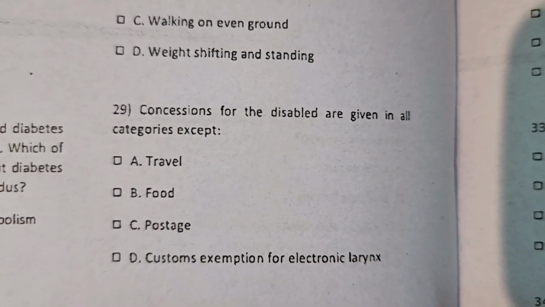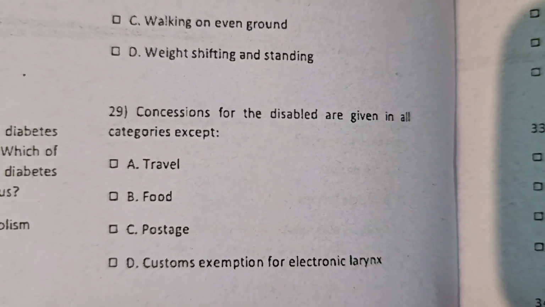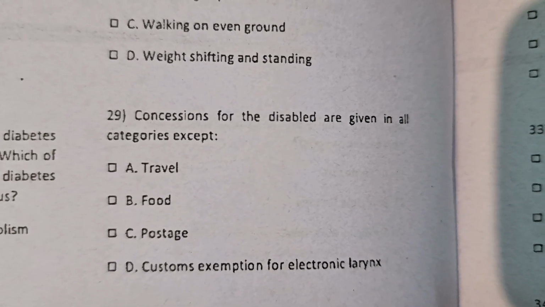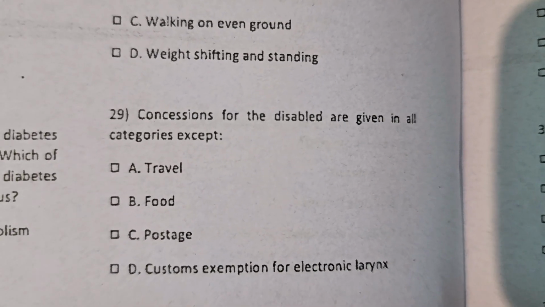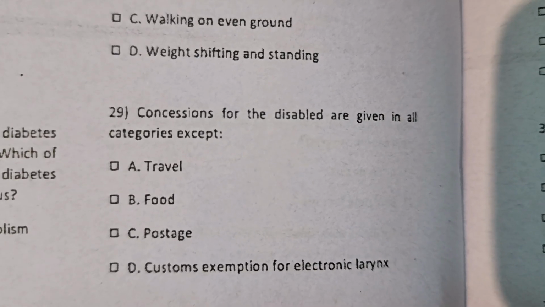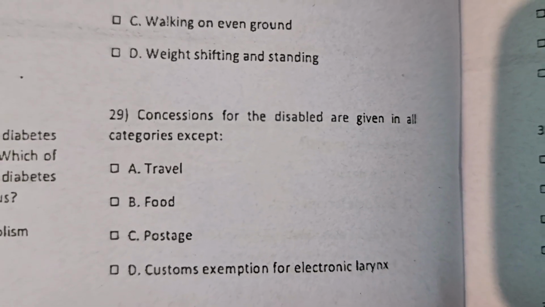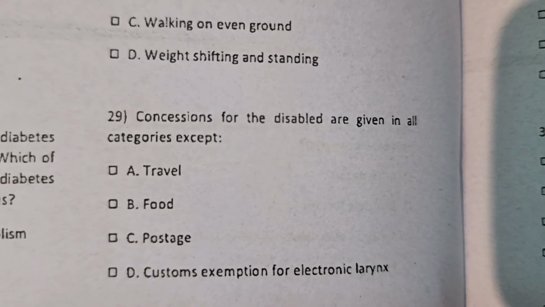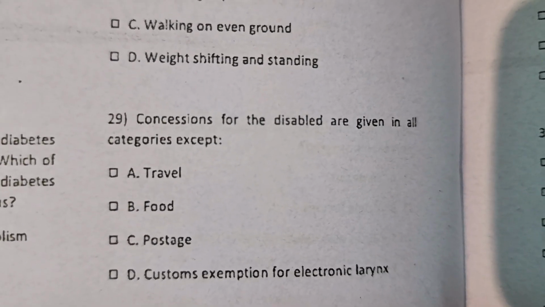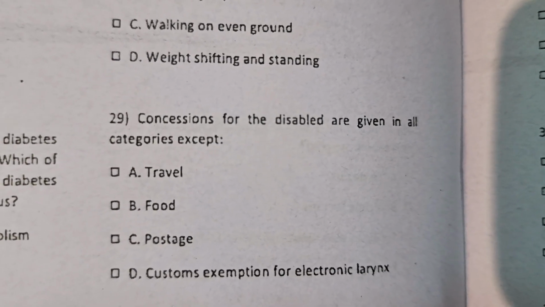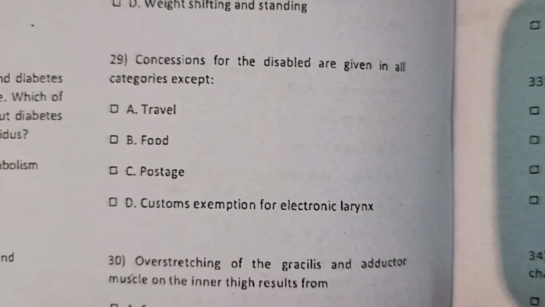MCQs number 29. Concessions for the disabled are given in all categories except option A travel, option B food, option C postage, option D custom exemption for electronic larynx. And the right answer is option B food.